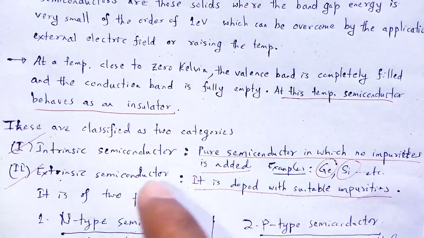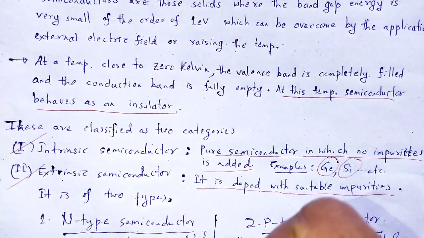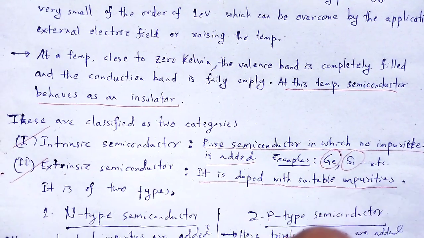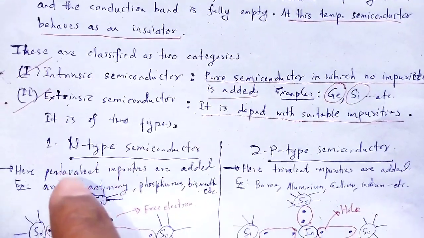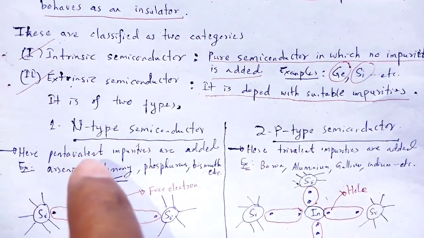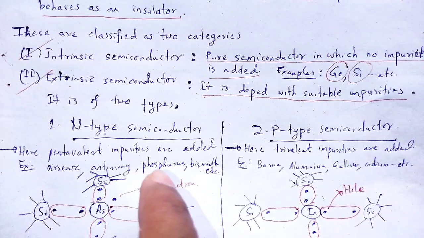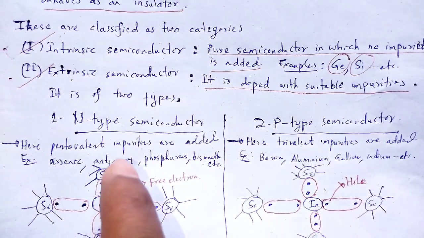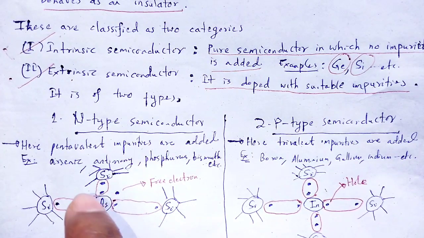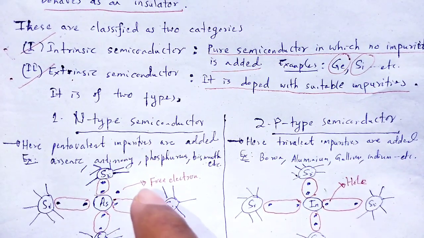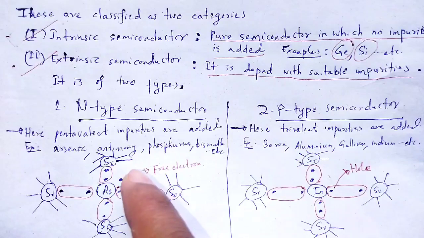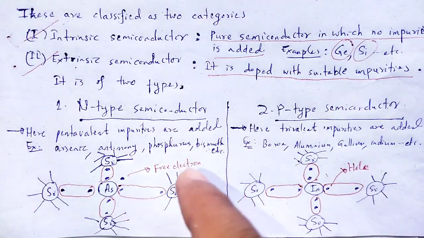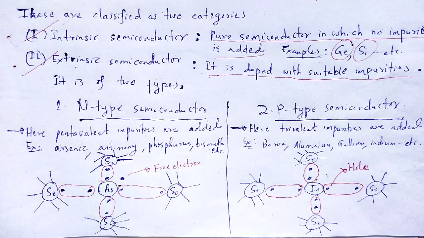Intrinsic is the pure one; in extrinsic we use impurities in the form of doping. It is of two types, one is N-type, another is P-type. In N-type, pentavalent impurities are added. In P-type, trivalent impurities are added. Pentavalent impurity examples: arsenic, antimony, phosphorus, bismuth, and we show the free electron as the charge carrier in N-type semiconductor.